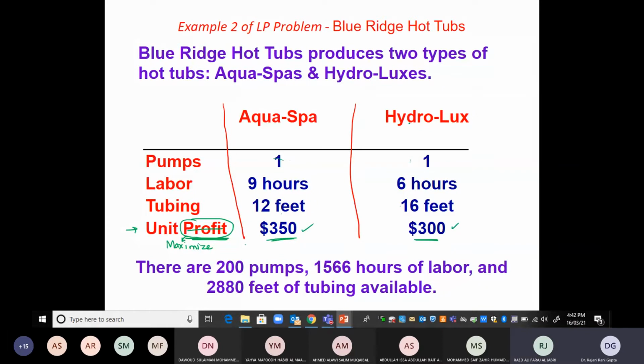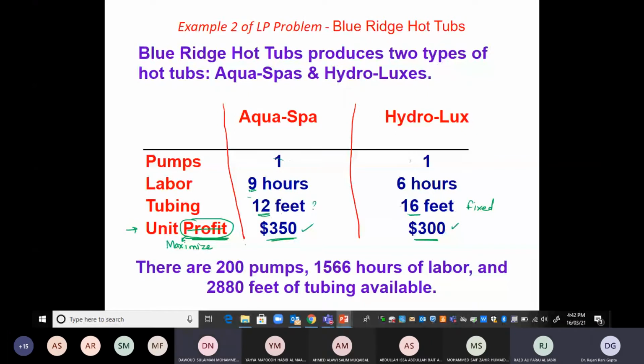But can you change that Aquaspa needs 12 feet? Can you change this 12 feet to any other number? No, it's fixed. Similarly, this 16 feet is fixed. Similarly, the labor hours required to produce Aquaspa, it is 9 hours. Can you change it? No, it is fixed.